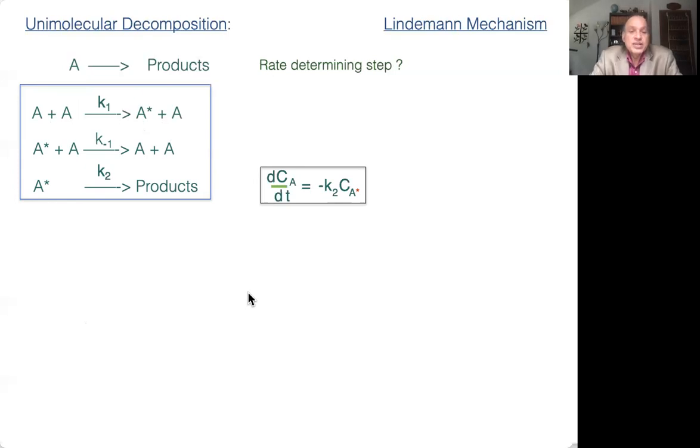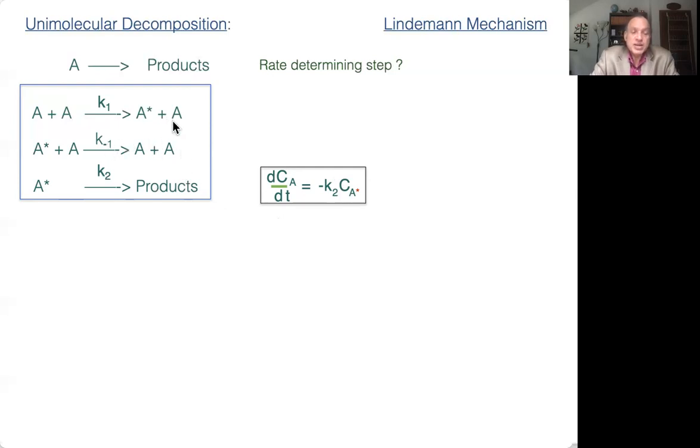And so the rate of production of product is equal to the rate of consumption of A, dCA by dt, which is equal to minus K2 times the concentration of A star. Because in the end, K2 is the one that is making a product.